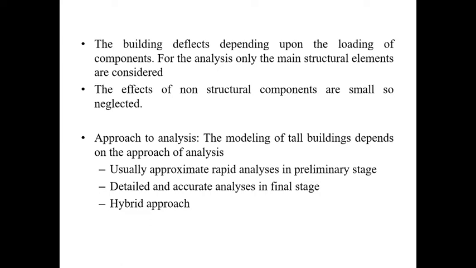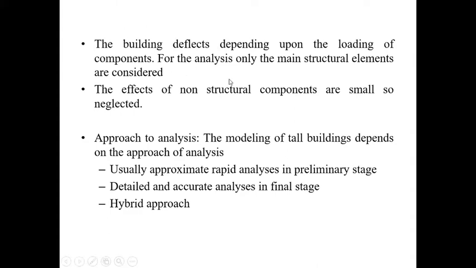First, the building deflects depending upon the loading of the components. When a horizontal load is acting, the building gets deflected. It depends upon whatever loads are acting on different components.